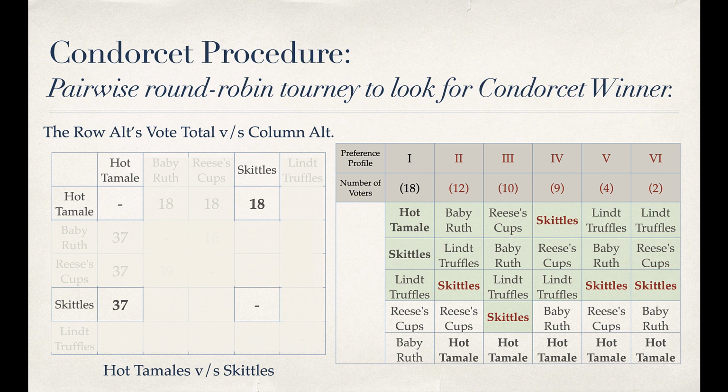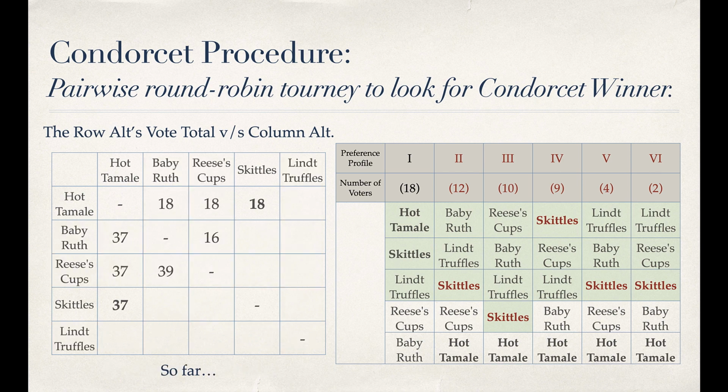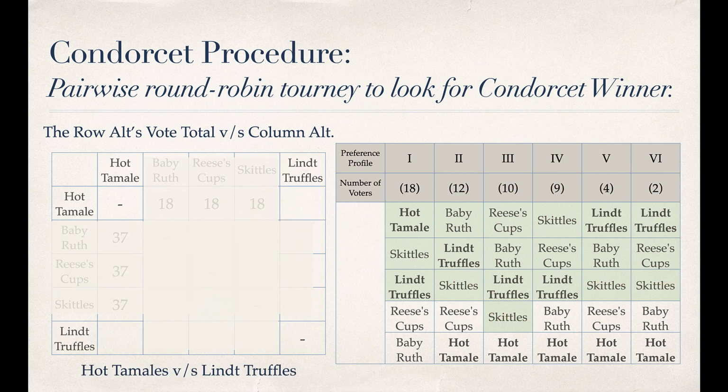Now let's run one more that includes hot tamales: Lindt Truffles versus hot tamales. One group prefers hot tamales, and all the other groups prefer Lindt Truffles. So hot tamales gets 18 in the hot tamales versus Lindt Truffles cell, and in the Lindt Truffles versus hot tamales cell, we get 37.